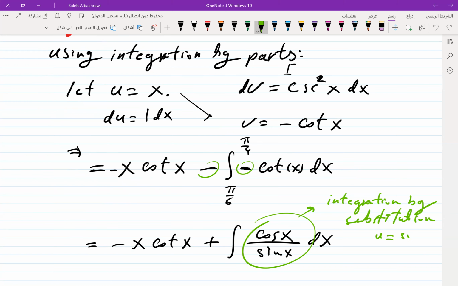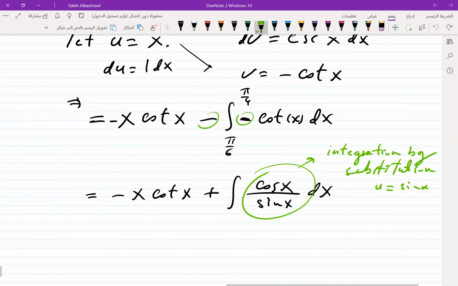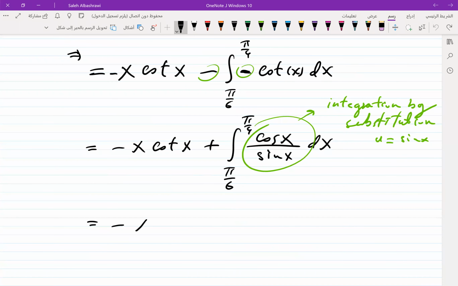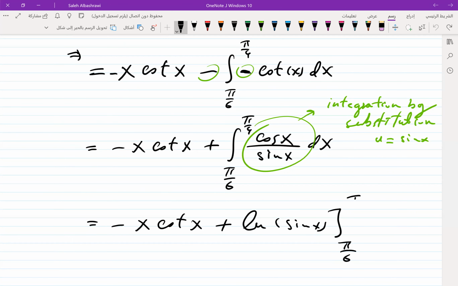Let u equal to sine x, du will be cosine. Then the integration for this one will be ln of sine. It will be minus x cotangent of x plus ln of sine of x, and this will be from pi over 6 to pi over 4.